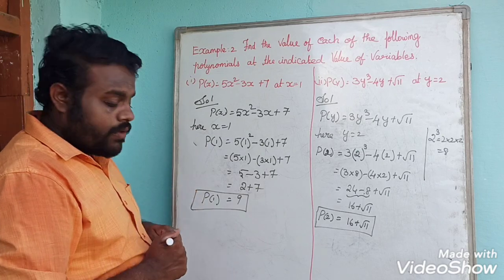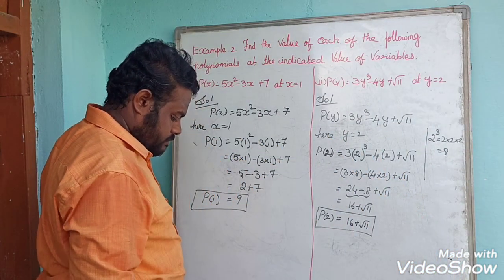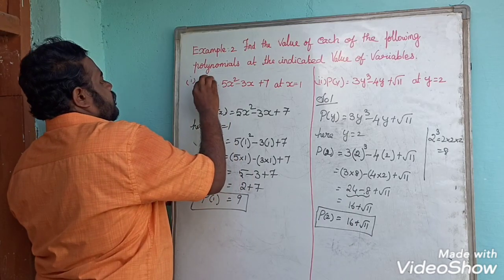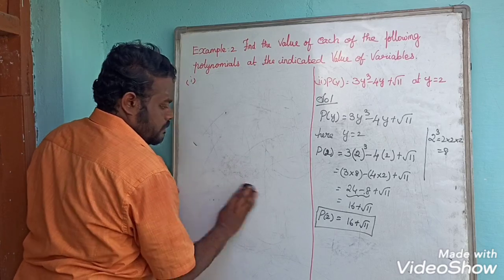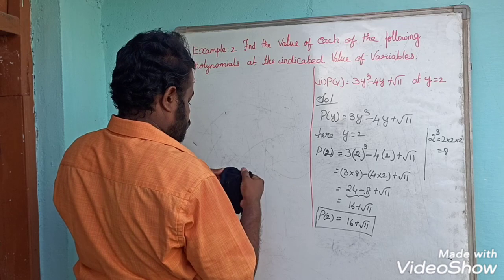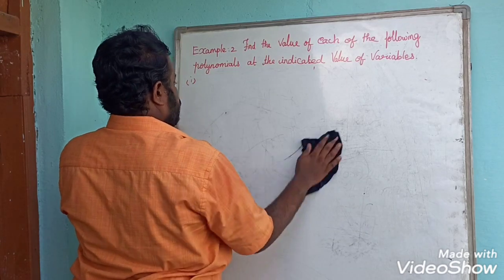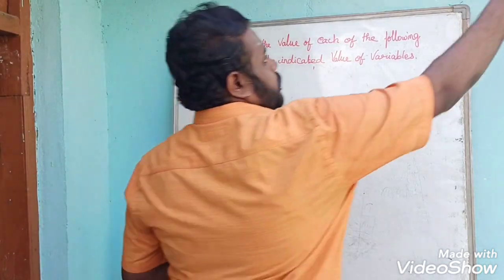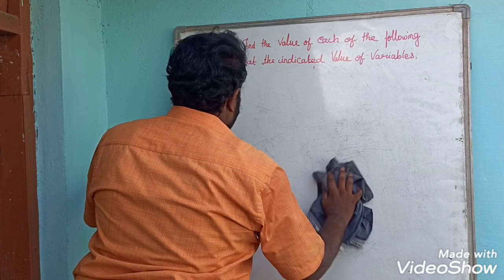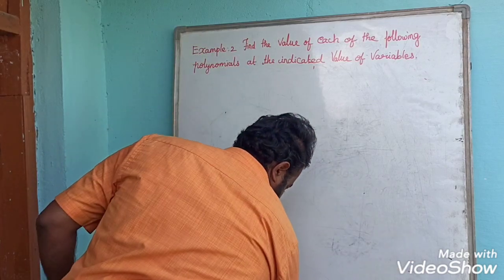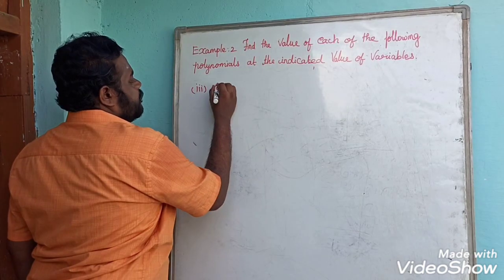Next, move on to the third question. Here the variable is t.